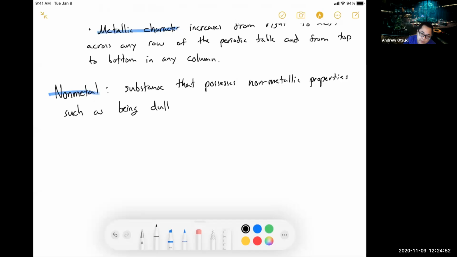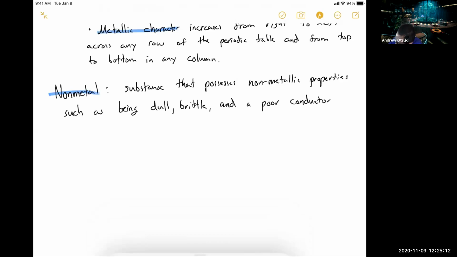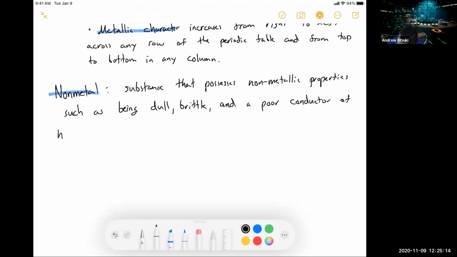So basically the properties are opposite of a metal. Such as being dull, they're not malleable, so they're brittle, and they're poor conductors of heat and electricity.